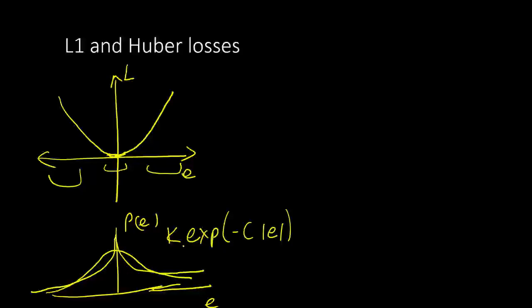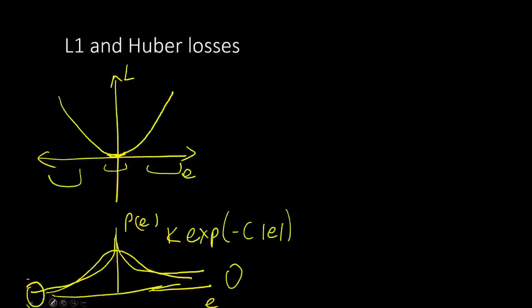So here the idea is that for large values of error, no matter what these constants are, the tail is going to be higher than the tail of a Gaussian distribution, where we have e squared instead of mod of error. These heavy-tailed distributions basically mean that there are more outliers.